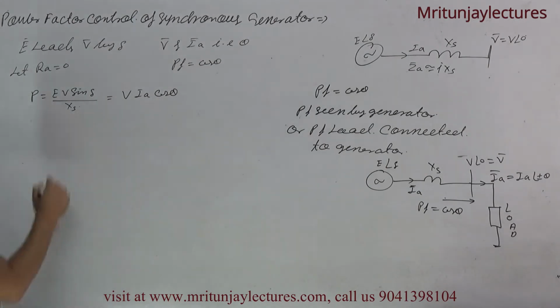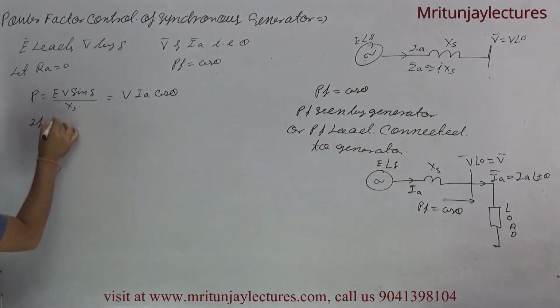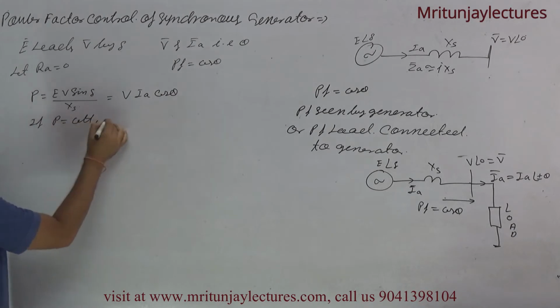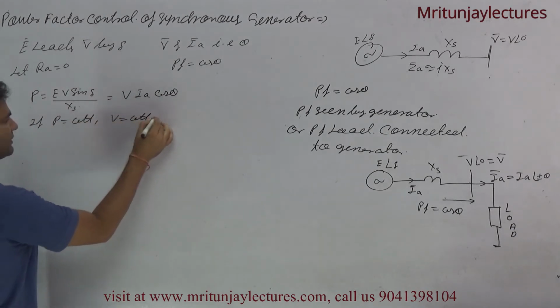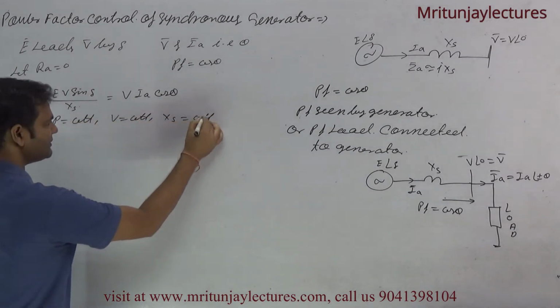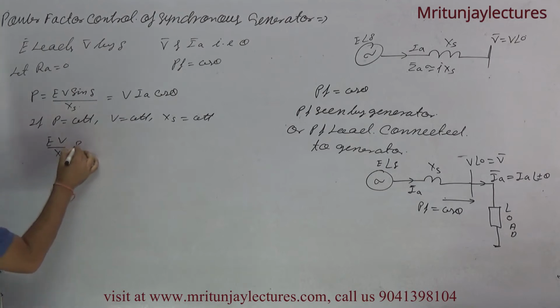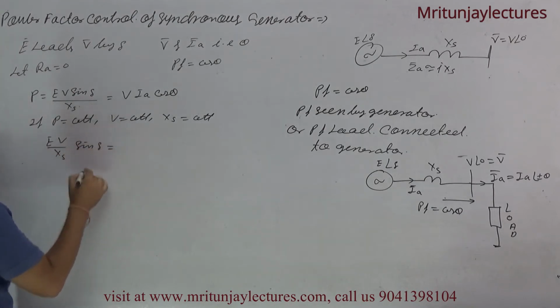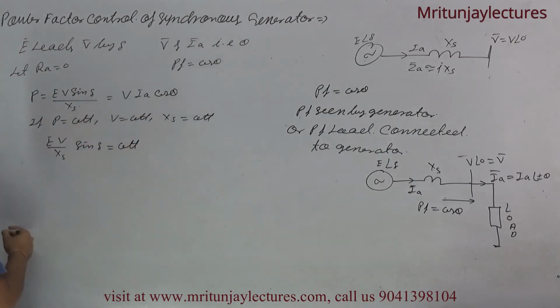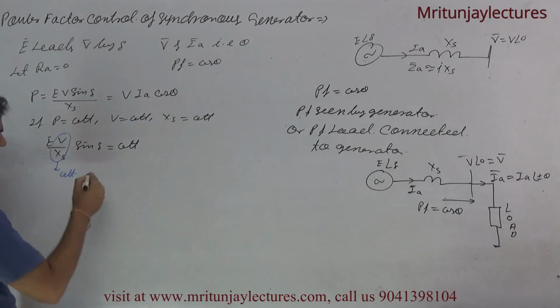Now if P is constant, the terminal voltage is constant, and the reactance is also constant, then EV by X into sine delta will be equal to a constant. These values are constant, so you can write that E sine delta is also constant.